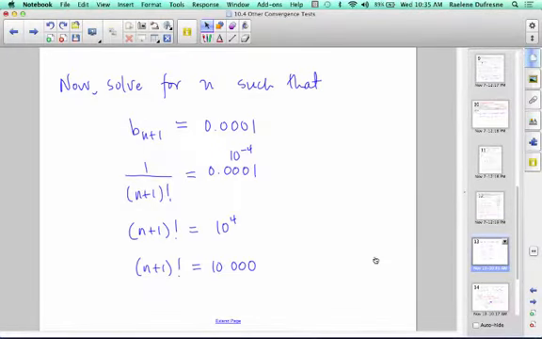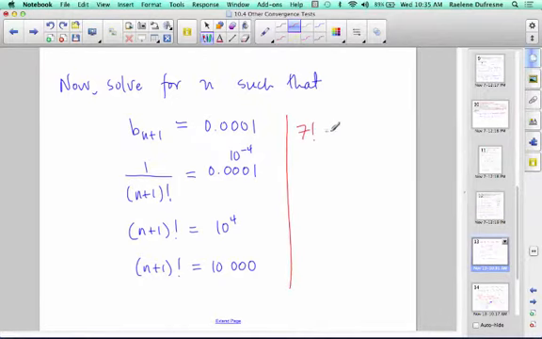Let's write that down. 7 factorial is 5040, and 8 factorial is 40,320. We know that we need n plus 1 to be big enough.